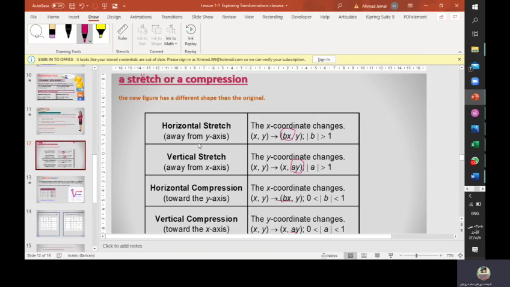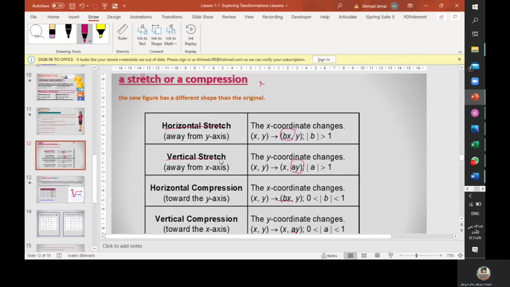Horizontal, plus or minus, reflection, opposite operation. Now what is the important idea for reflection, stretch or compression? The important idea in here is that I will use multiply. Horizontal stretch, so I will multiply in the x coordinate.